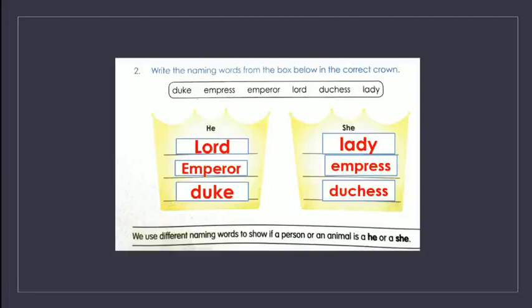Duke is he. So we put it in the he corner. Then Empress. Emperor and Empress. So Emperor is a male and Empress is a female. So Empress, you have to put it in the she corner. Emperor, he corner. Lord, Lord is God. So Lord is he and Lady is she. Then comes Duchess. Duchess is she.